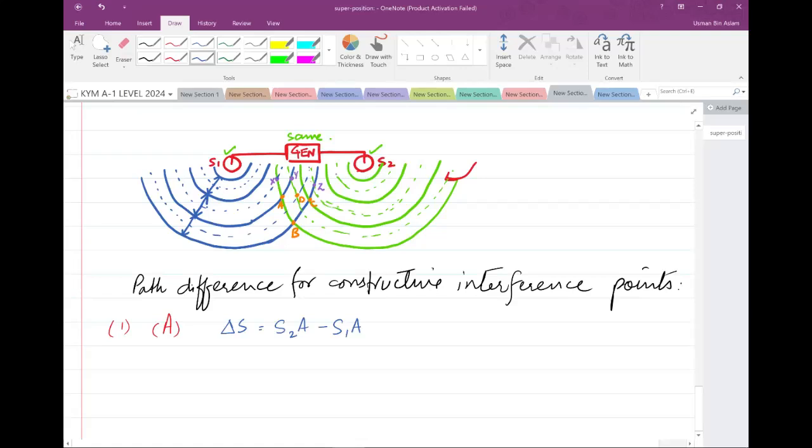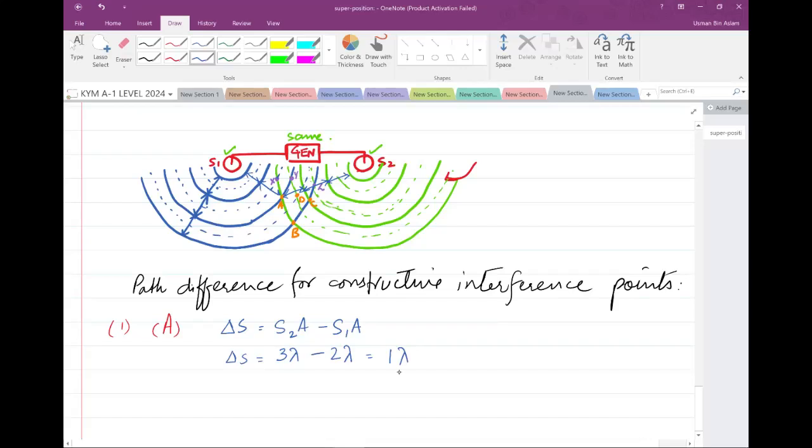From S2 to A, you can see how many wavelengths have been traveled: 1, 2, and 3. From S2 to A, the distance traveled is 3 times the wavelength. And for S1 to A, the distance traveled is 2 times the wavelength. So the path difference in this case is equal to 1 wavelength.